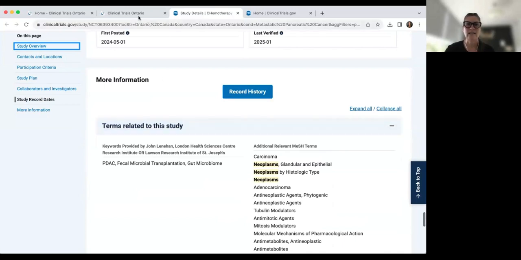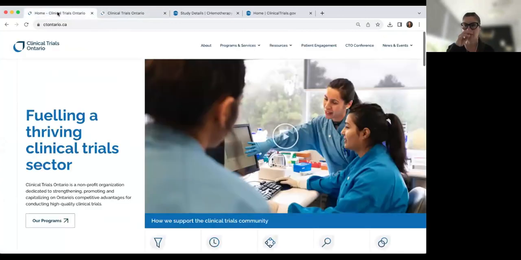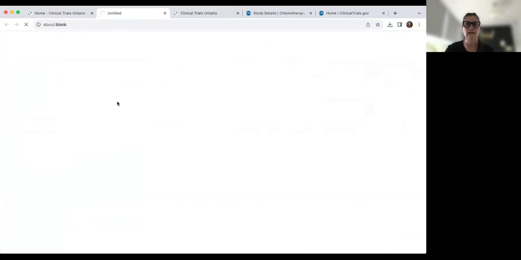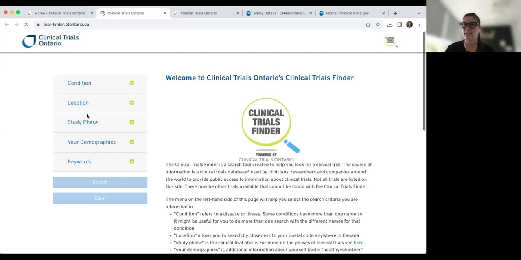And like I said, CTO also has a trial finder. If you're interested in using it, you would go to our website, you would go under resources, and you would go to find a clinical trial. And just like clinicaltrials.gov, it's made fairly easy in terms of what you have to put in.